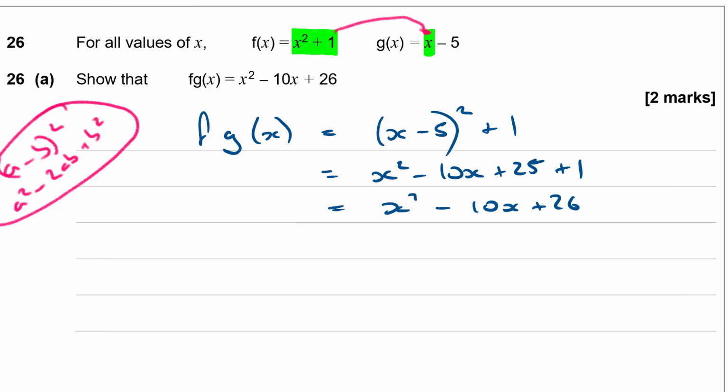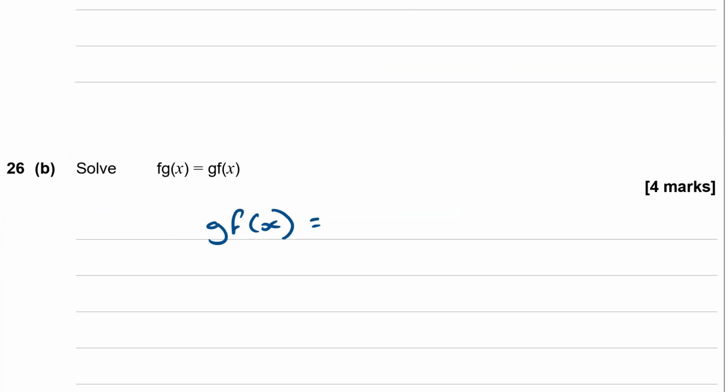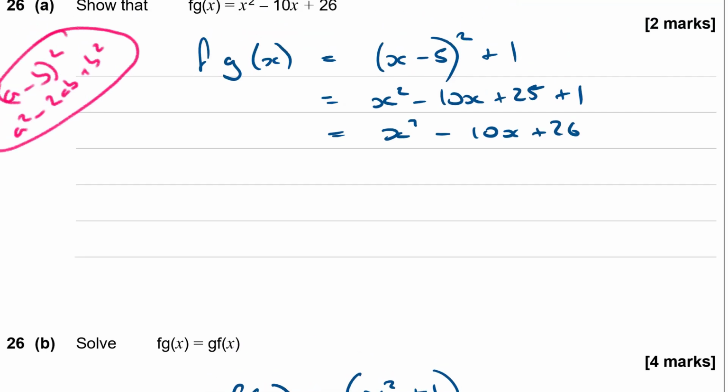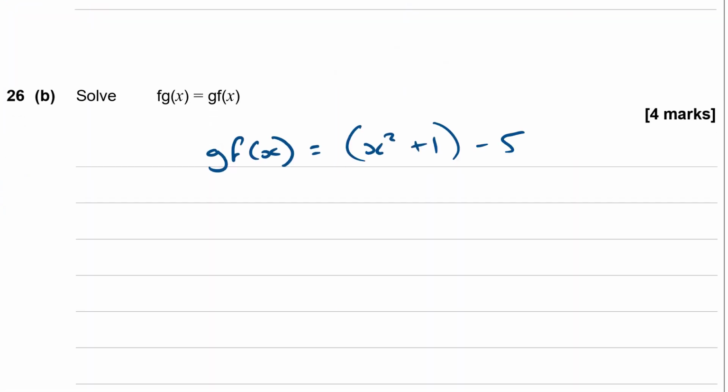So I'm going to get x squared plus 1, my x, take away 5, which is x squared minus 4, isn't it? Okay, now I need to solve fg of x equals gf of x.